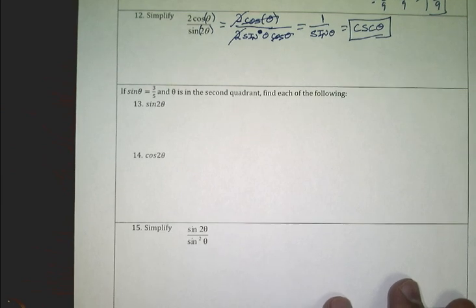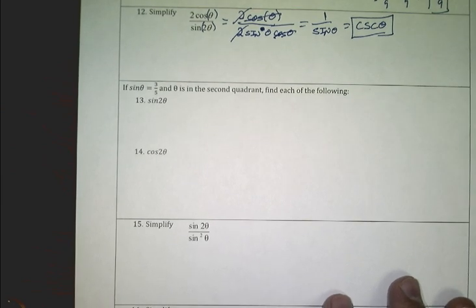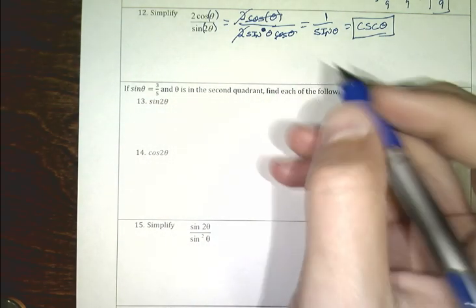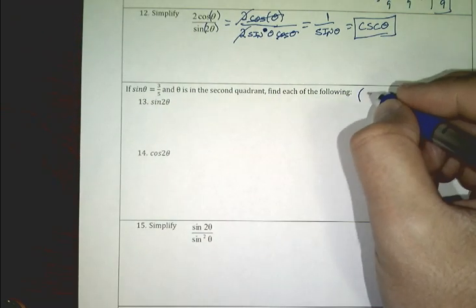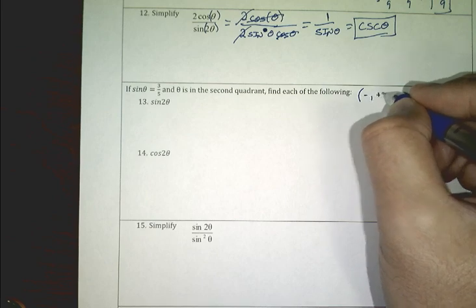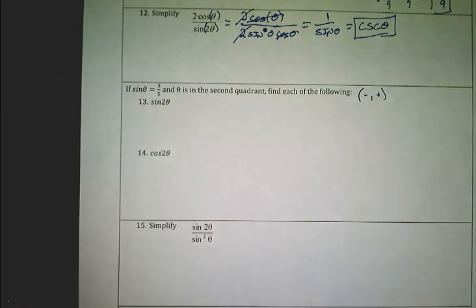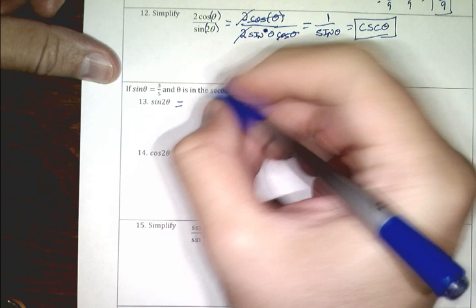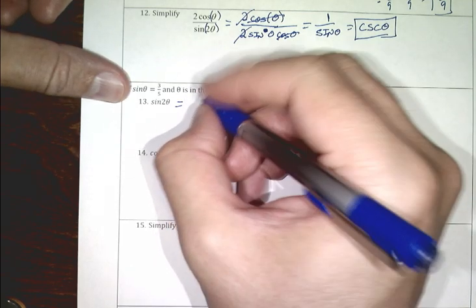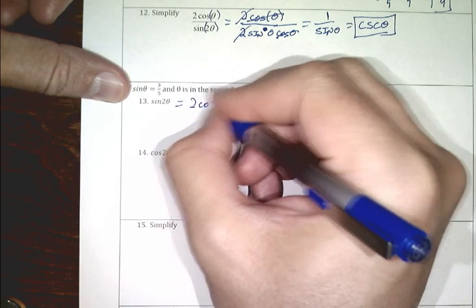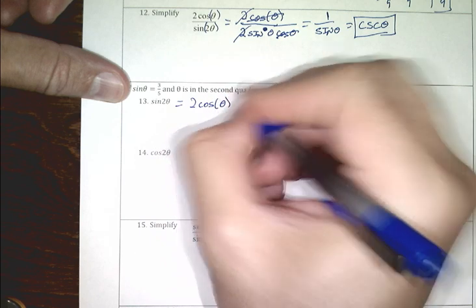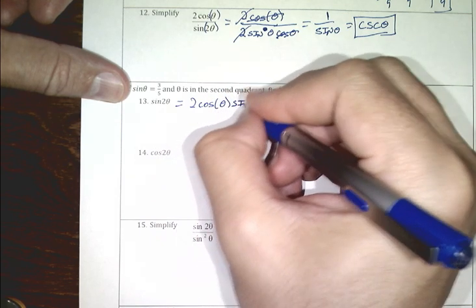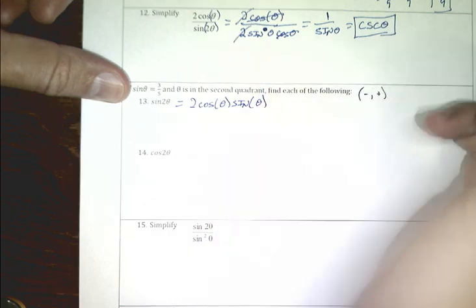Okay. Number 13. If sine theta is equal to 3/5 and theta is in the second quadrant, so that tells us second quadrant is negative positive, find each of the following. Sine of 2 theta. So sine of 2 theta is equal to 2 cosine theta times sine theta.